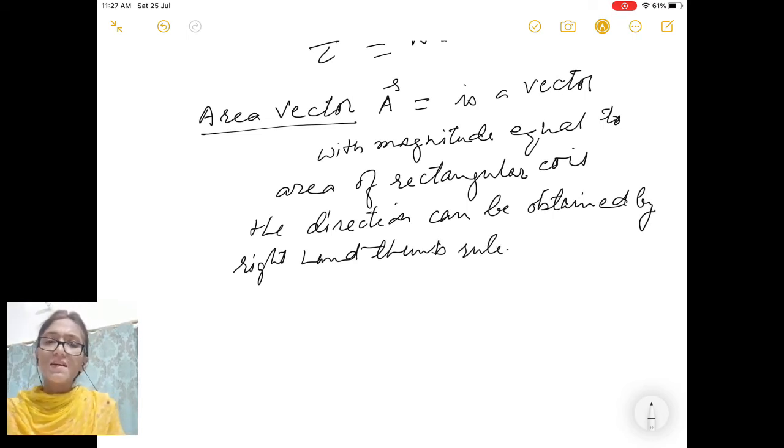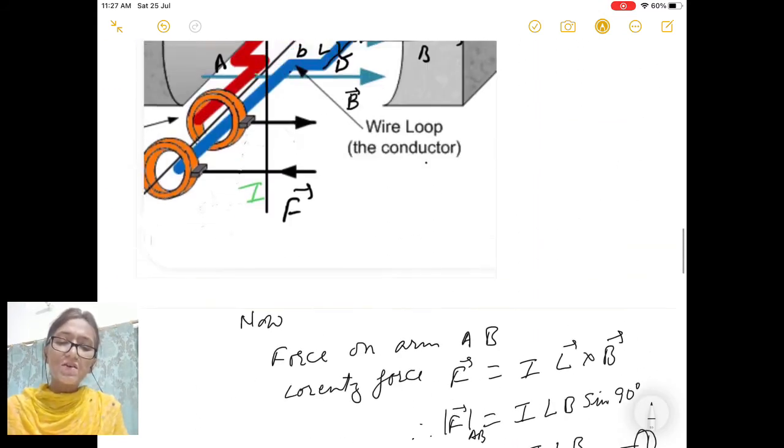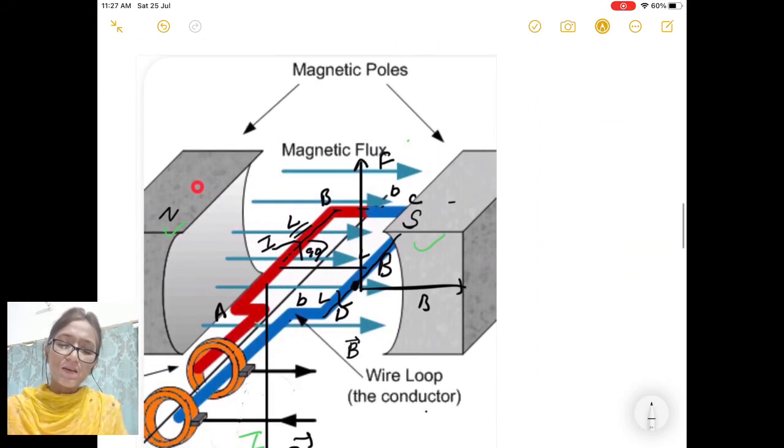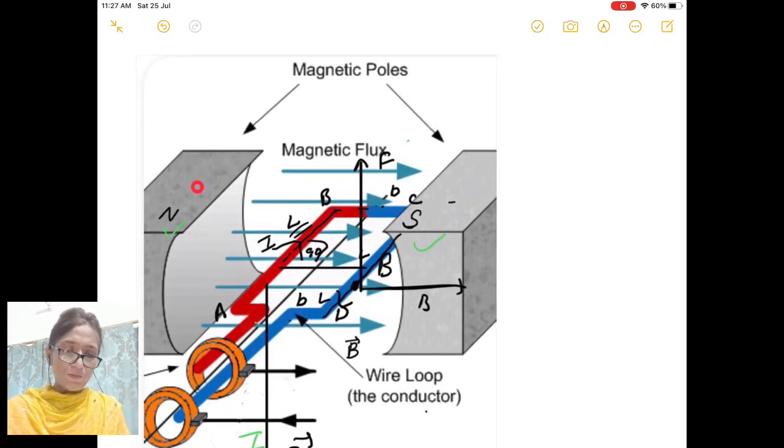If you place the curls of your fingers along the direction of current in this rectangular coil, then the thumb will point along the direction in which the area vector points.